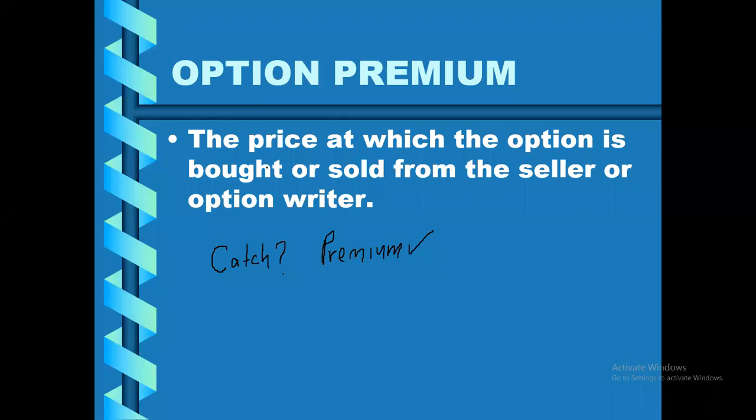This right which you have, you must pay for it. The price at which the option is bought or sold from the seller or option writer. So options have got a source.